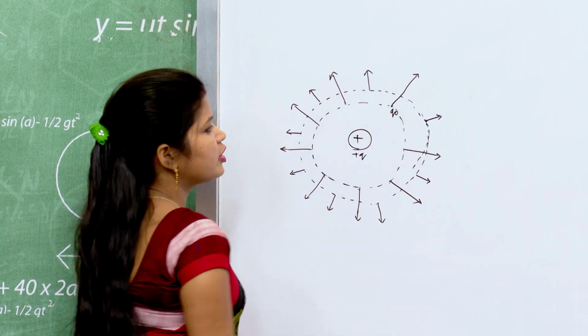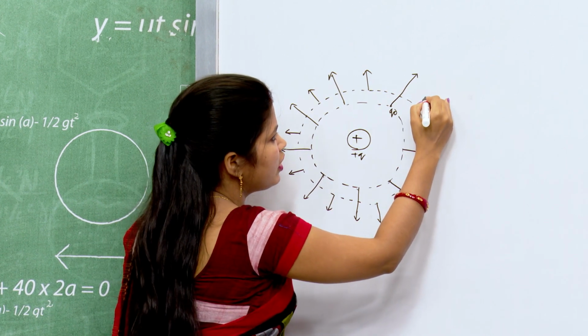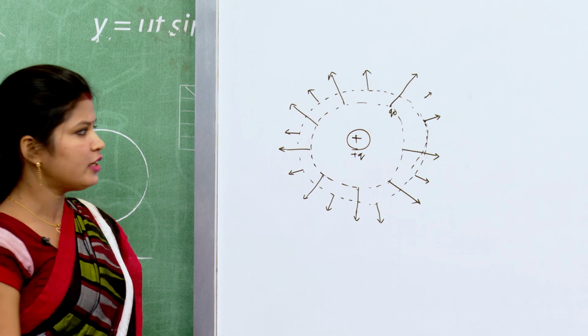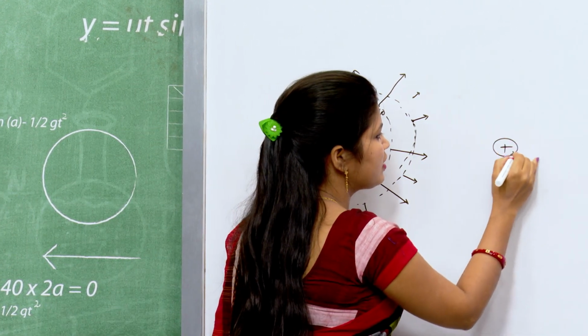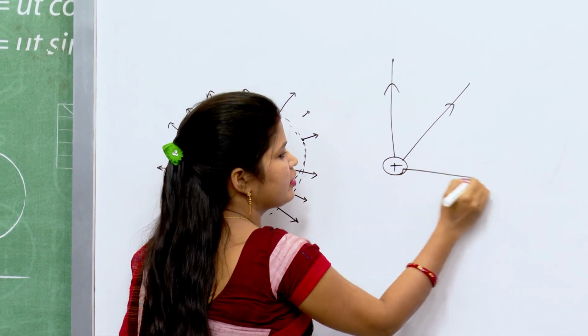Okay. Similarly, when we place the test charge here, the electric field will be like this and less than before. Okay. So, for positive point charge, electric field lines are outward.